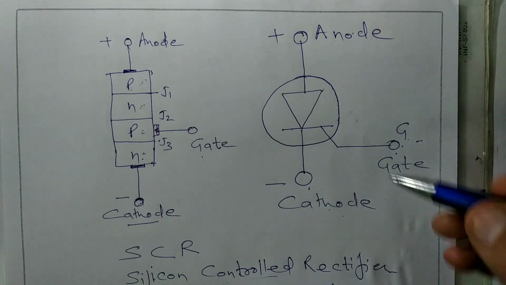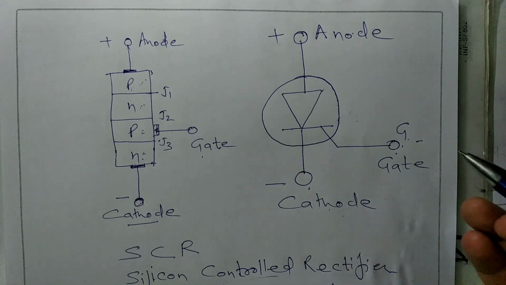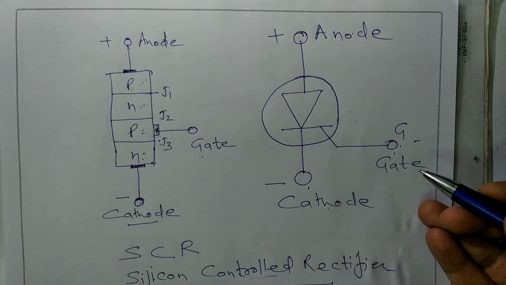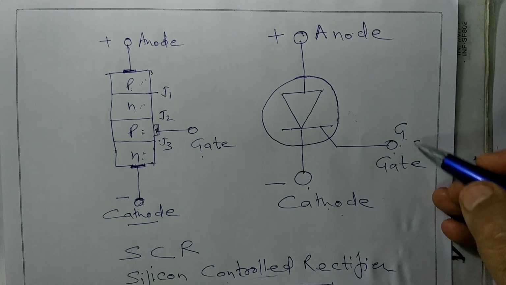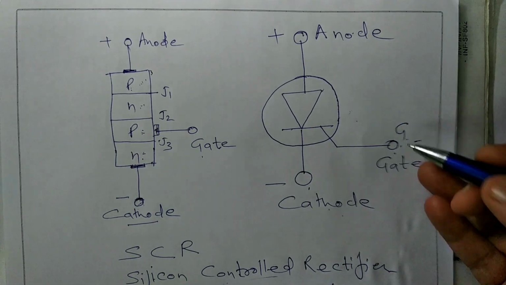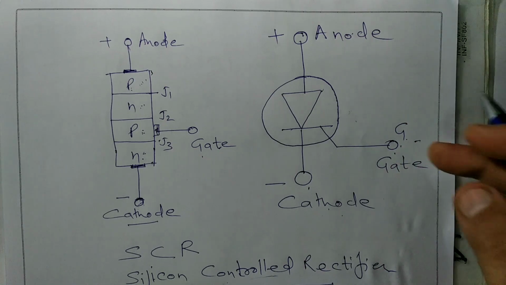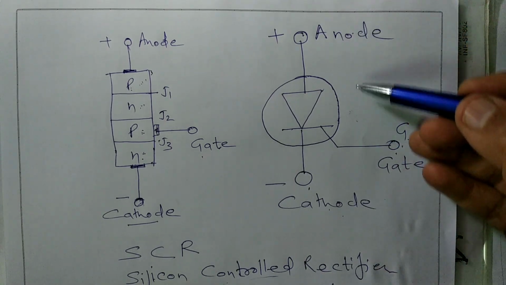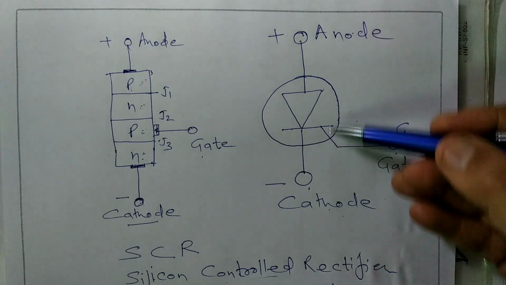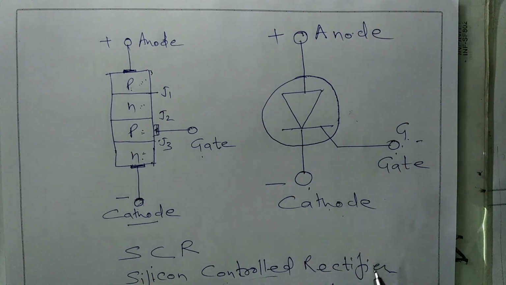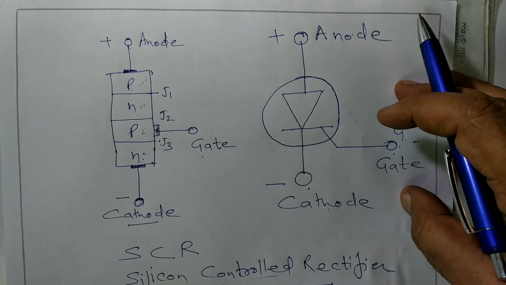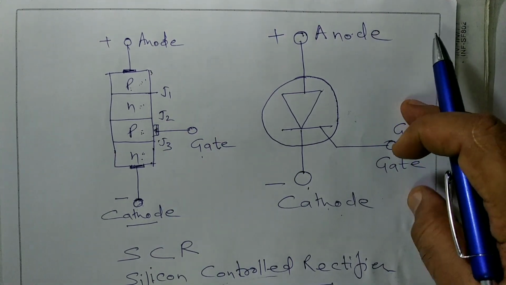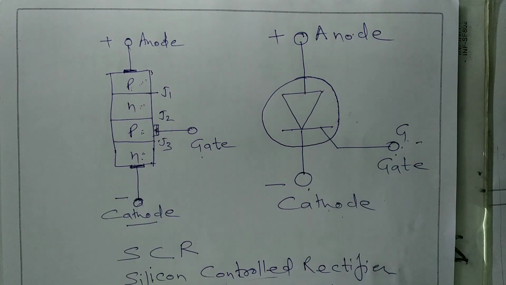Very fast switching is possible when you give a positive going gate pulse on the gate. So the current starts flowing instantaneously through the device, it becomes conducting.